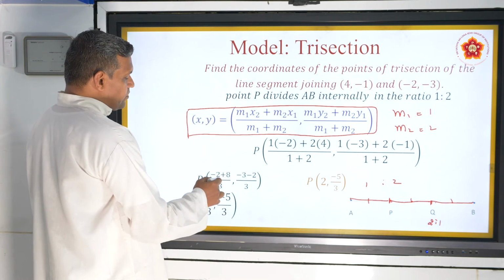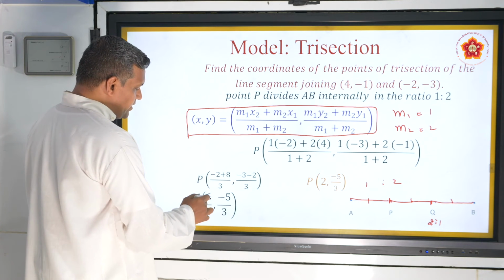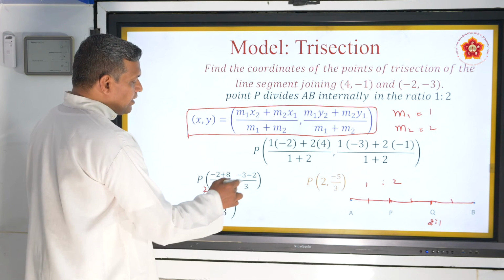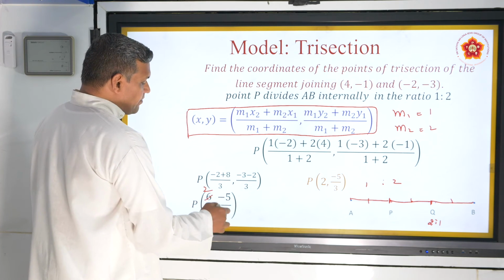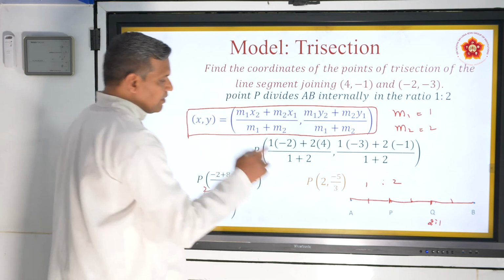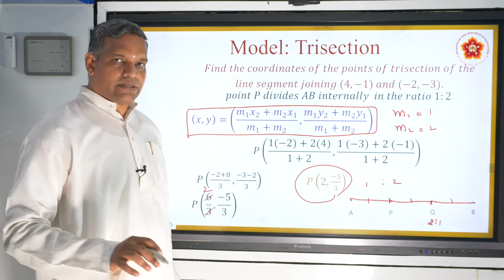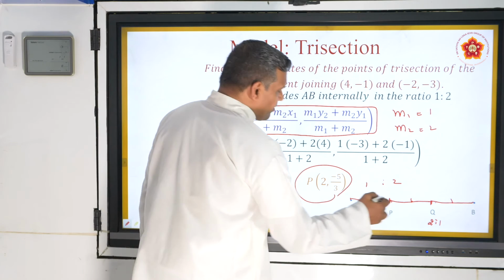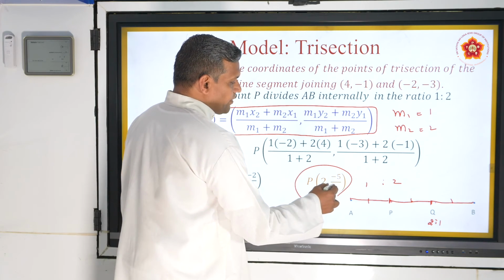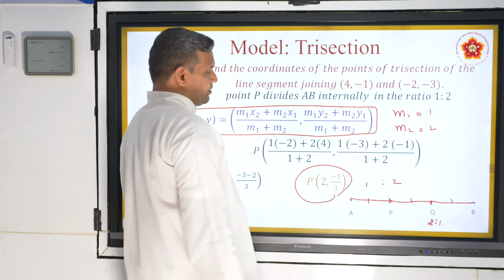What is 8 minus 2? It is 6. 6 by 3 is 2. And then here minus 5 by 3 remains as such. Finish. Got the answer. The coordinates of this particular point are 2 comma minus 5 by 3.